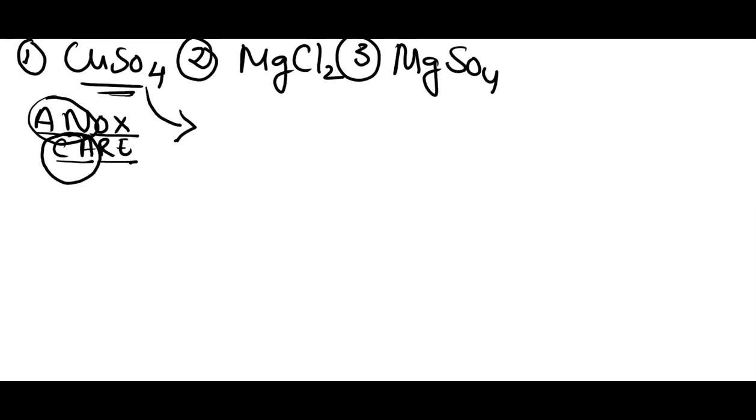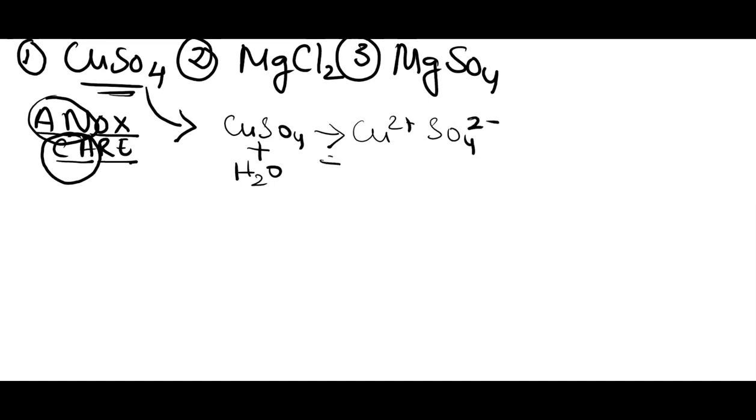Now for copper sulfate, it's not that copper sulfate is there only in the electrolyte. With copper sulfate we have water. So the ions that will be formed will be copper and sulfate from copper sulfate, and from water we have H+ and OH-. For positive ions we have copper and hydrogen ion.